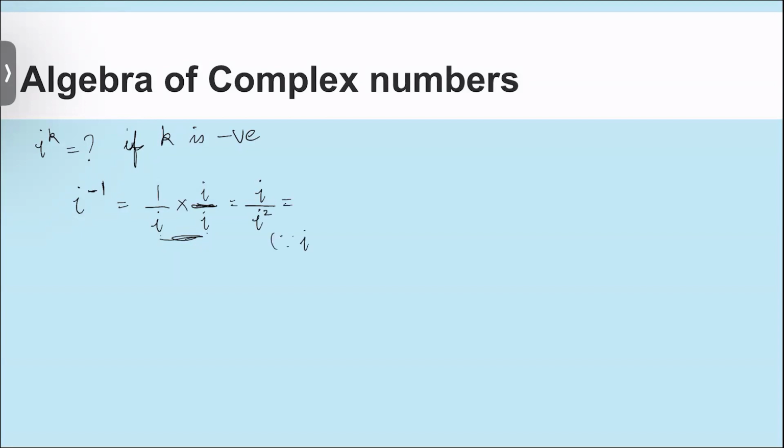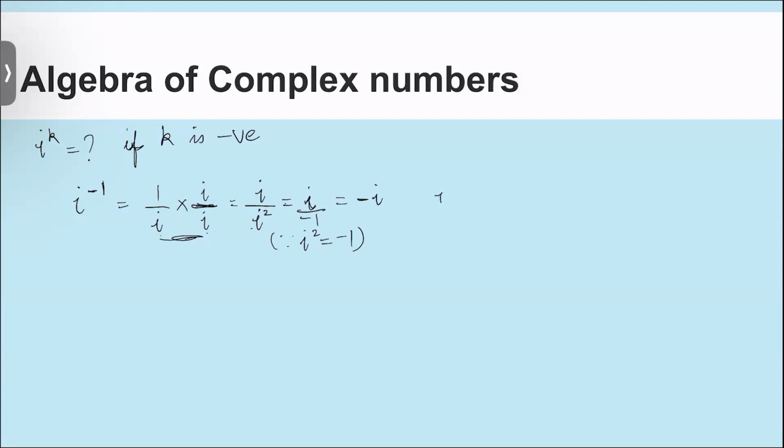Since i squared is equal to -1, what you are left with is i upon -1. So this gives you minus i.